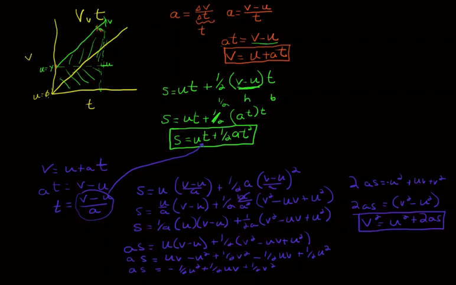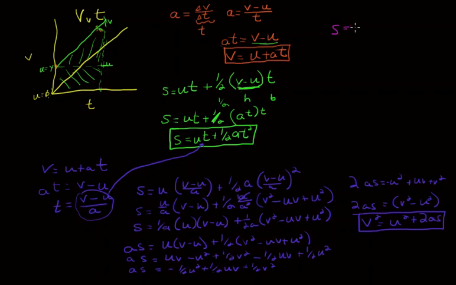For our fourth kinematic equation, let's start out. We're going to go back to this equation here and this equation here. And we're going to say, since a equals v minus u over t, we're just going to substitute that in here.